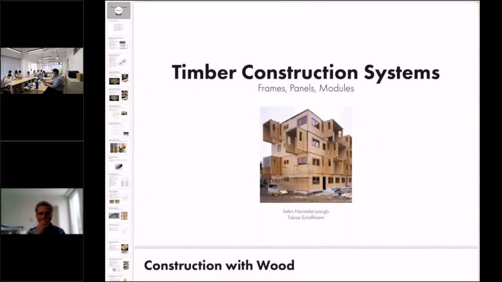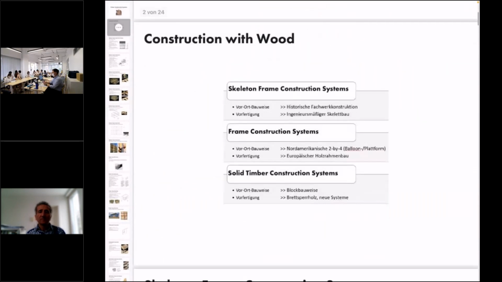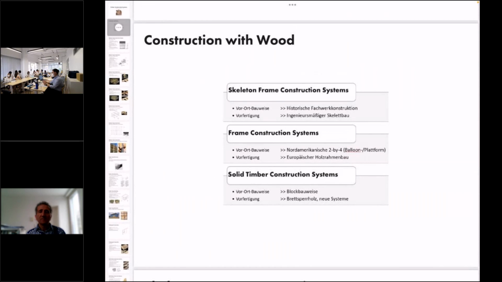Yeah, so we are going to talk about timber construction systems, and we divided construction with wood into three categories: skeleton frame construction systems, frame construction systems, and solid timber construction systems. And we also have separated these topics. Every topic can be separated in a prefabrication and also on-site construction.